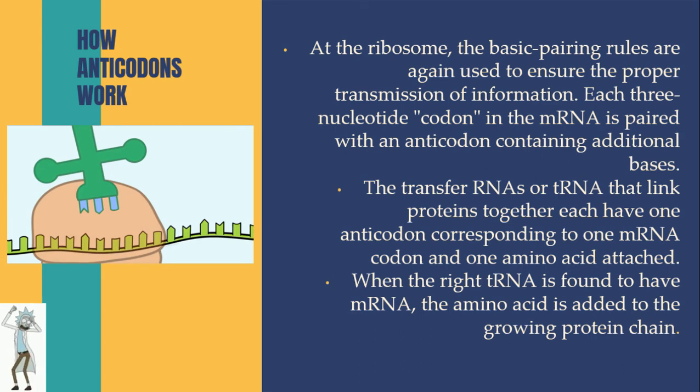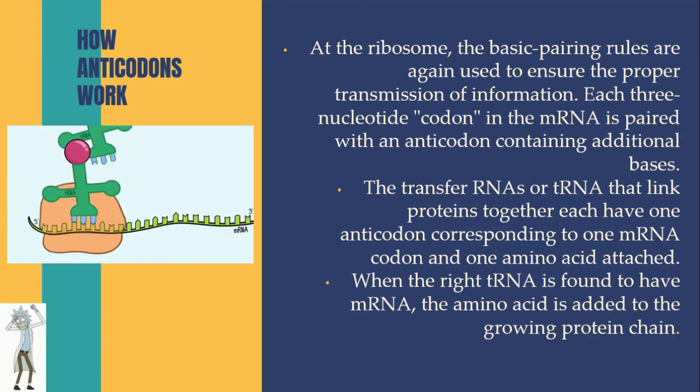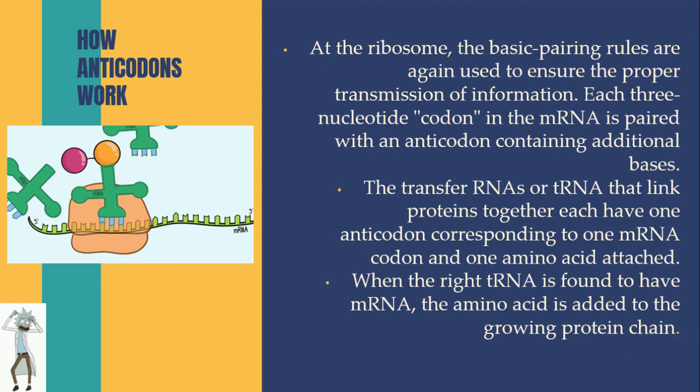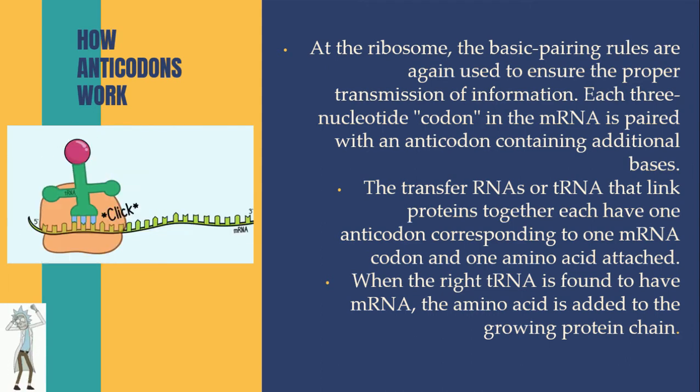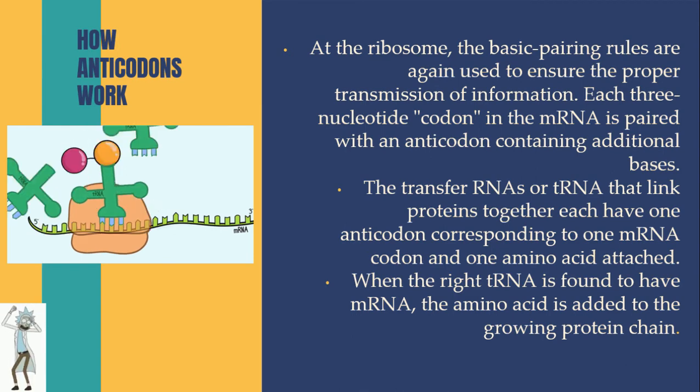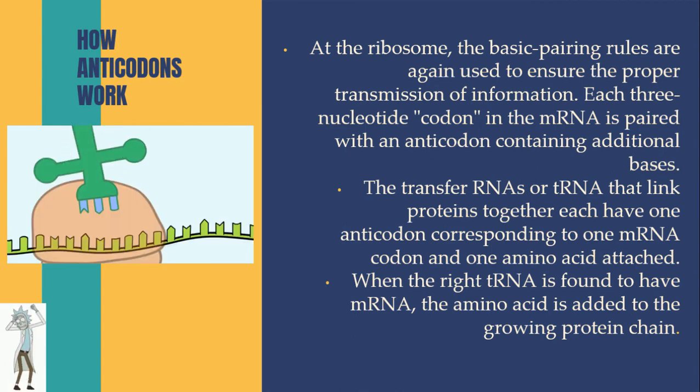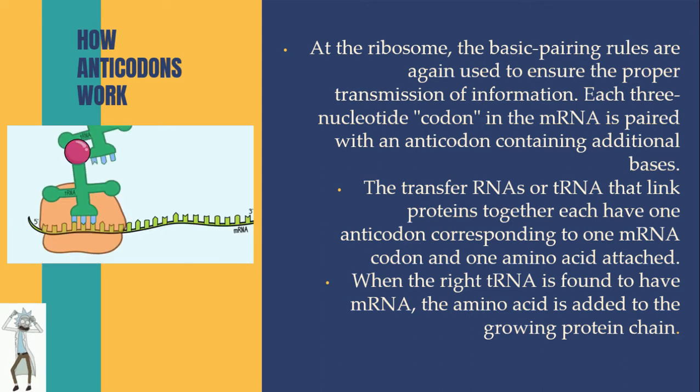The transfer RNAs, or tRNAs, that link proteins together each have one anticodon corresponding to one mRNA codon and one amino acid attached. So when the right tRNA is found for the mRNA, the amino acid is added to the growing protein chain.